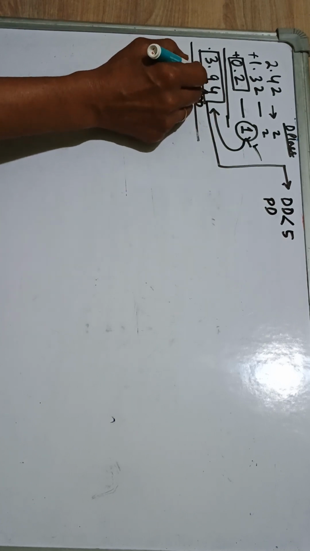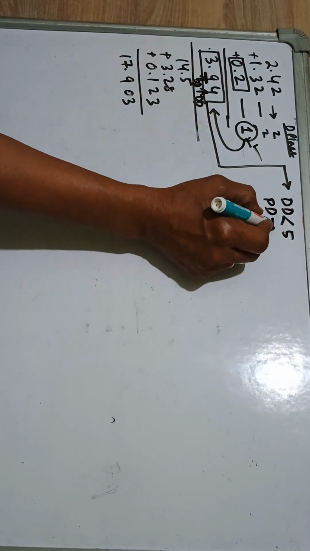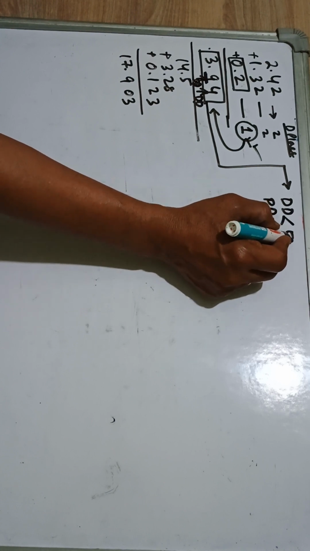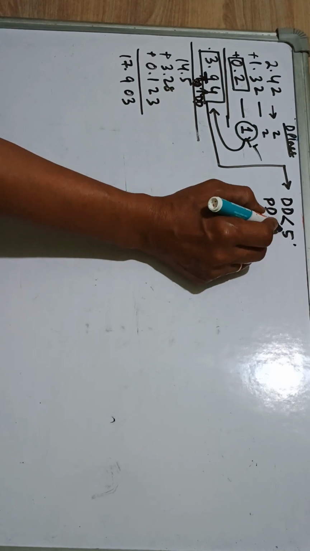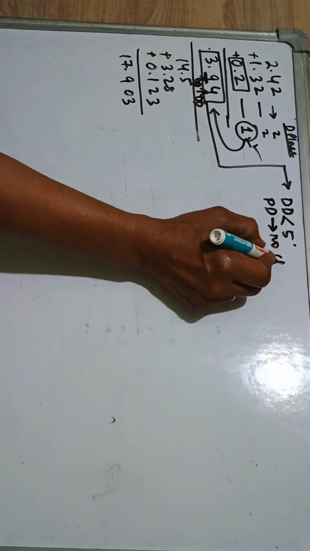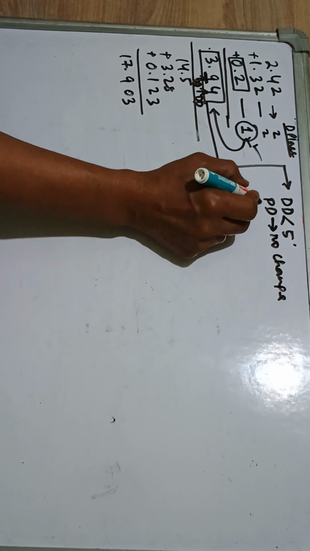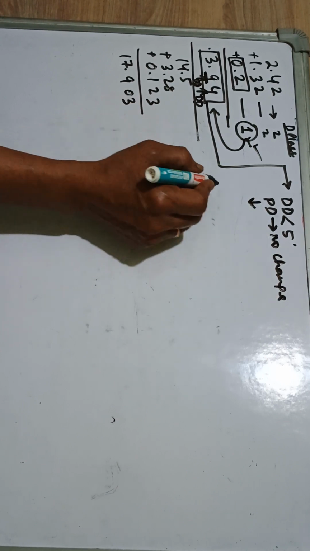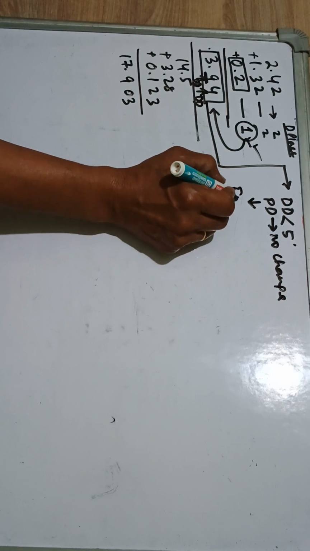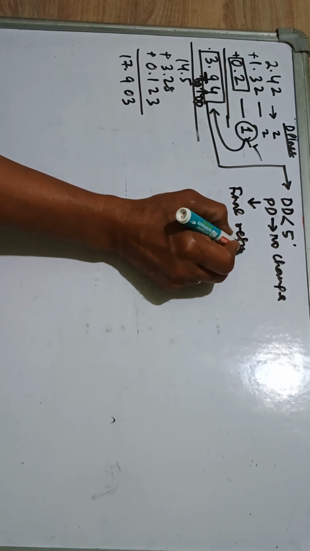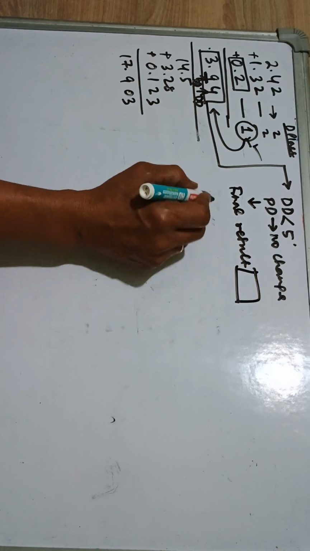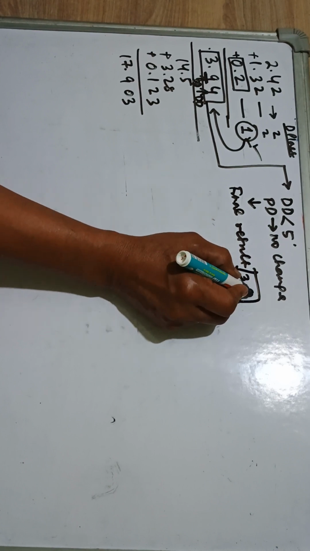This is our PD. PD will be modified if DD is more than 5. Once it is less than 5, no change. Then the matter ends, and we get the final result. The final result will be 3.9.